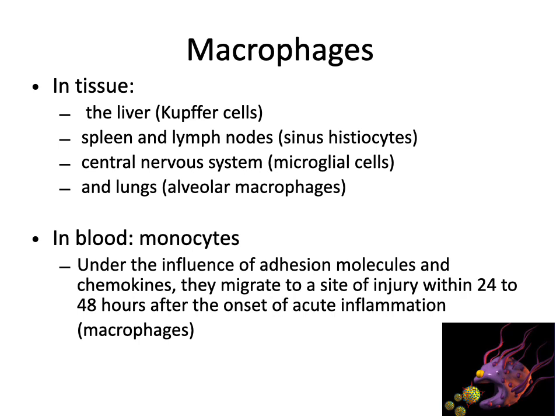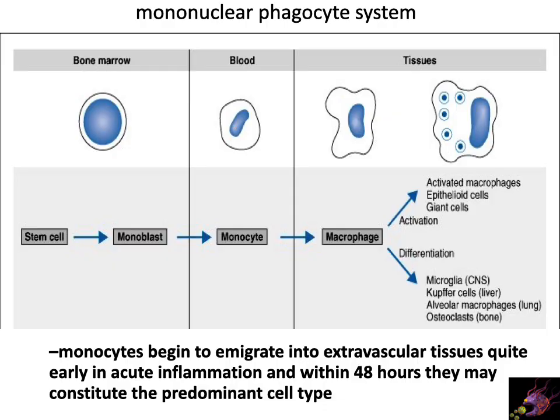In the CNS, they are known as microglial cells. And in the lungs, they are known as alveolar macrophages. In addition, in the skin, they are known as Langerhans cells. Not to be confused with Langhans giant cells. Okay?